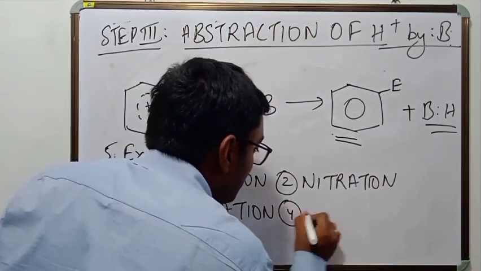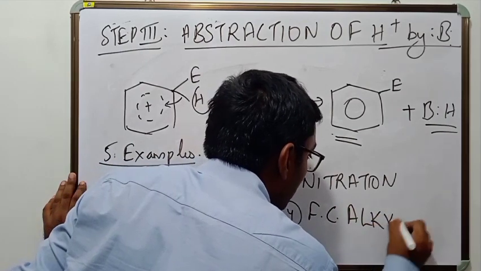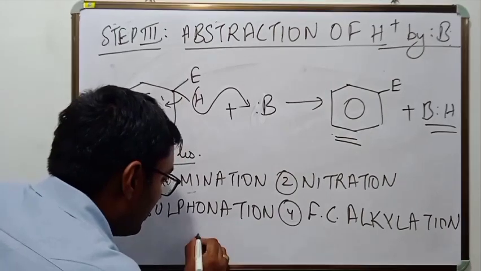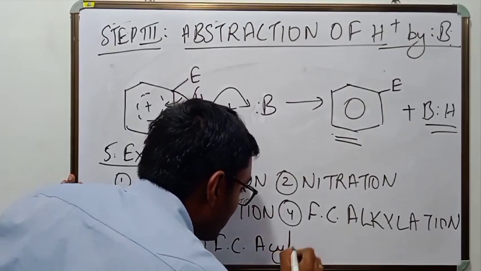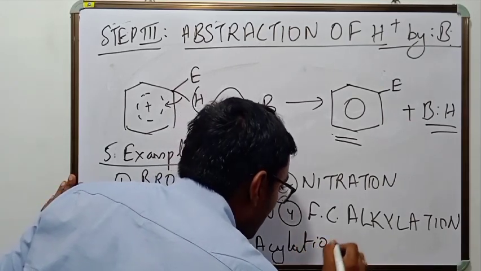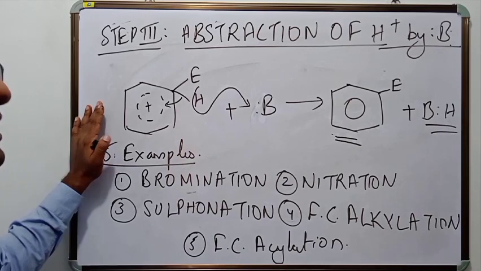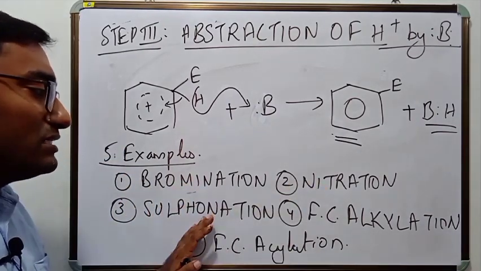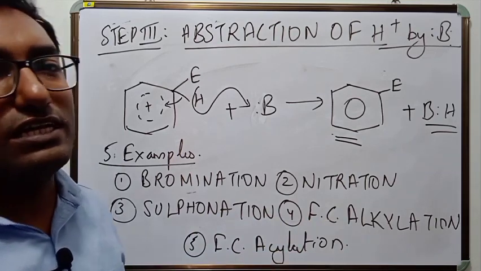Number 4 is Friedel-Crafts alkylation. And number 5 is Friedel-Crafts acylation. So these are 5 examples of electrophilic aromatic substitution reactions shown by the benzene ring: bromination, nitration, sulfonation, Friedel-Crafts alkylation and Friedel-Crafts acylation.